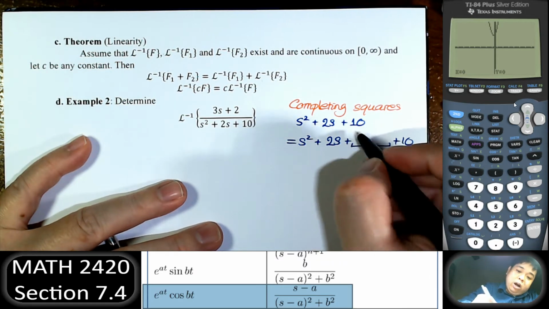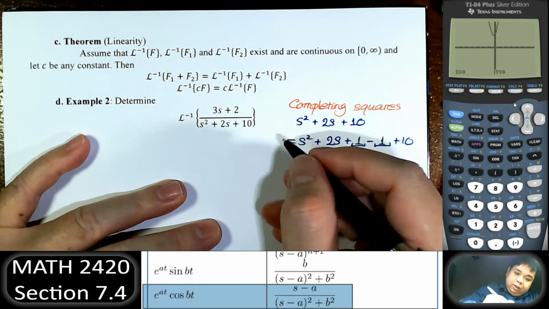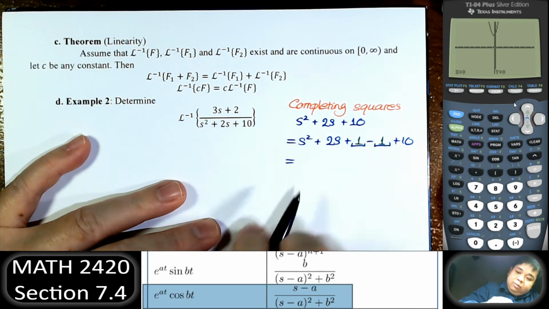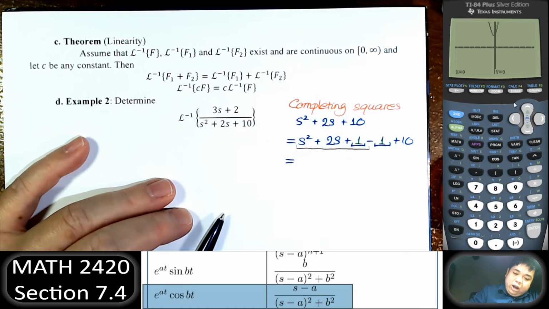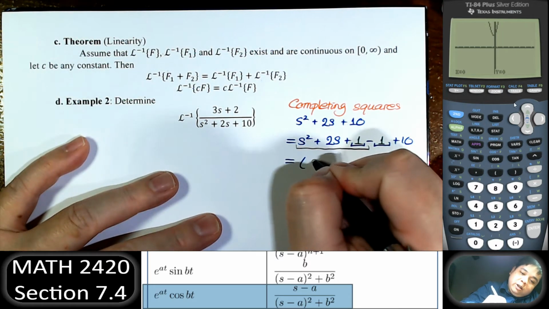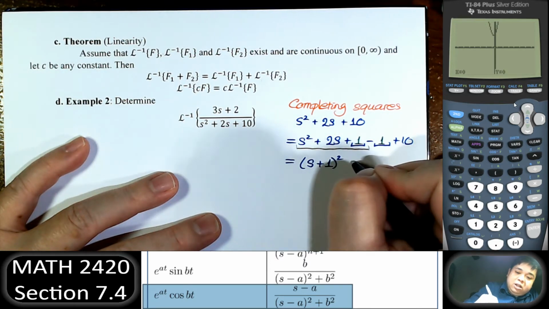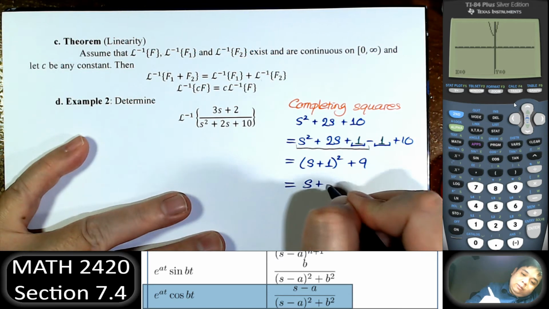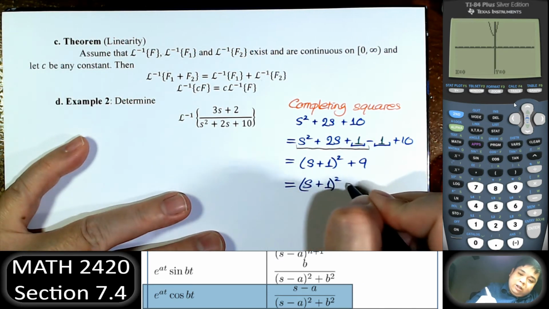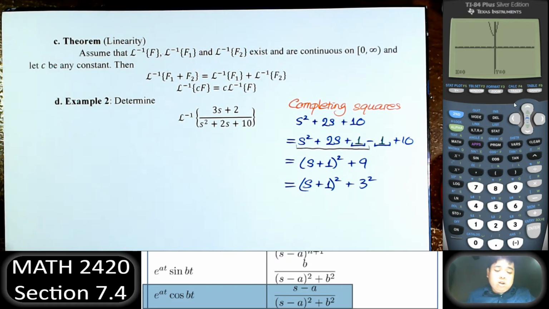Half of 2 is 1, and 1 squared is 1. So in this case, the first three terms will be a perfect square trinomial: s plus 1 squared, minus 1 plus 10, which is plus 9. So s plus 1 squared plus 3 squared. Right, so we completed the square there.